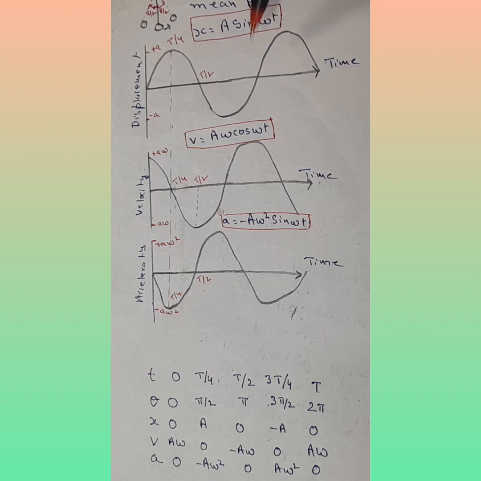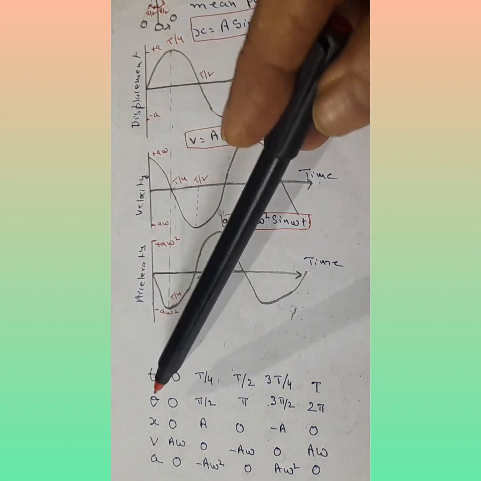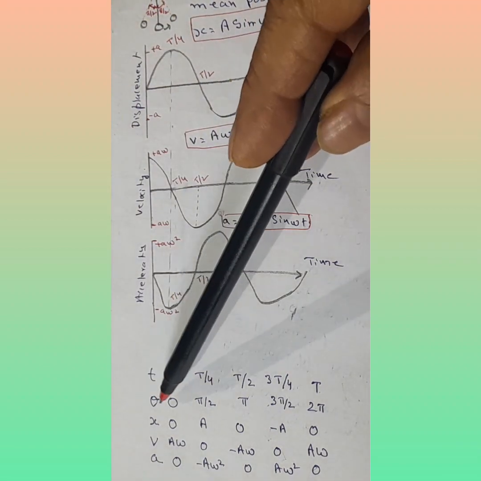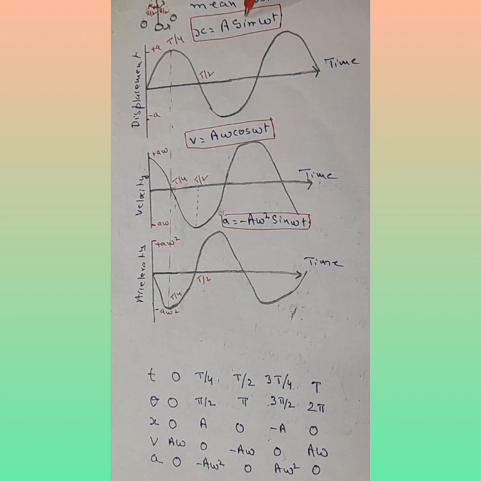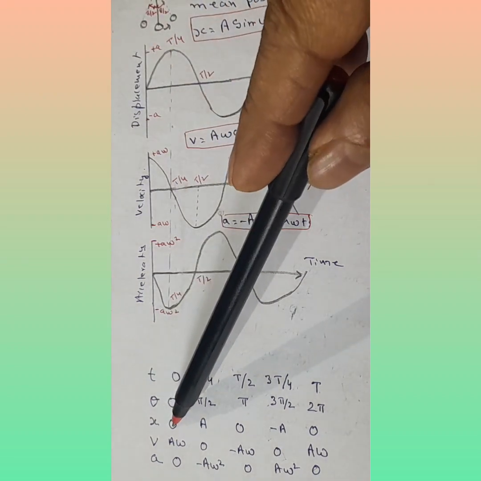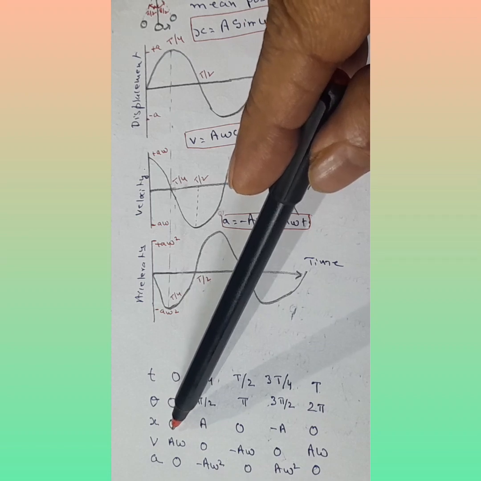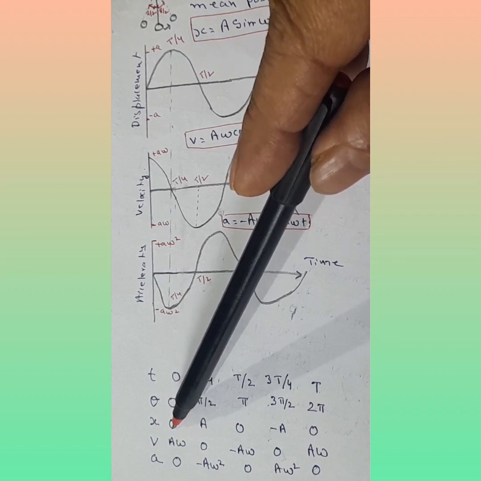So a sine theta is our formula for x. At time t equal to 0, theta is equal to 0, sine 0 is 0, so x is equal to 0. That's what we are doing actually: we are starting it from mean position, so obviously x has to be 0.